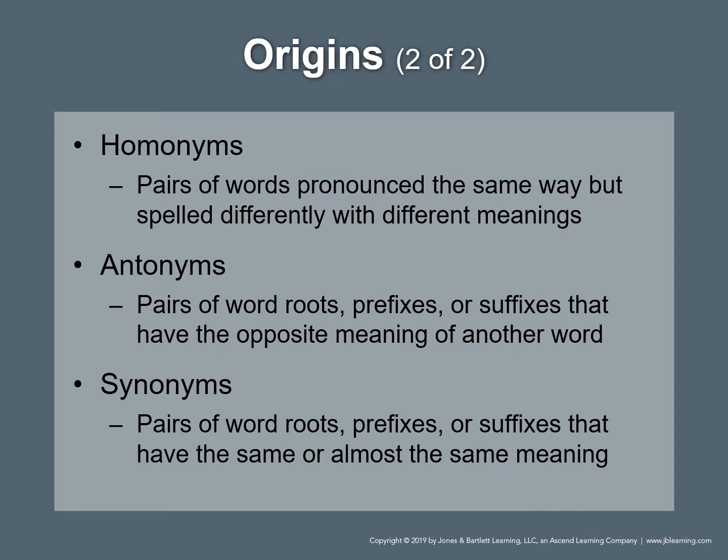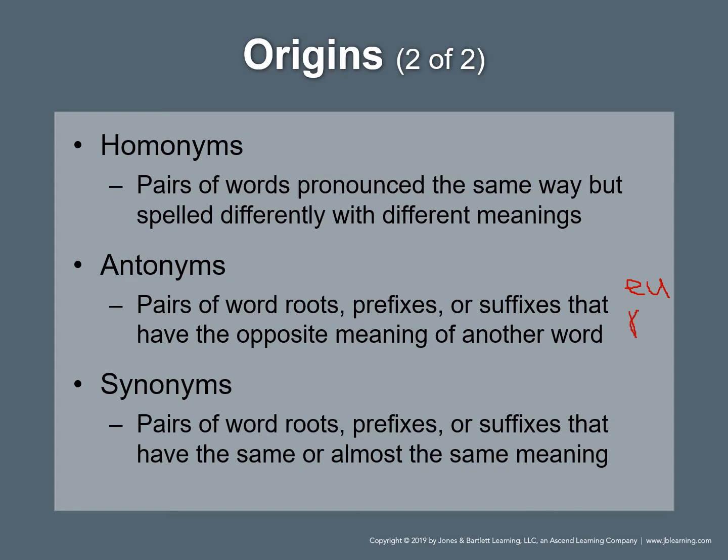Antonyms are pairs of word roots, prefixes, or suffixes that have the opposite meaning of another word. Example is EU, which means good. So let me put these on here. EU means good.